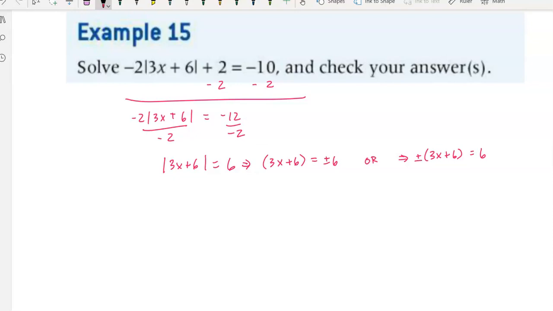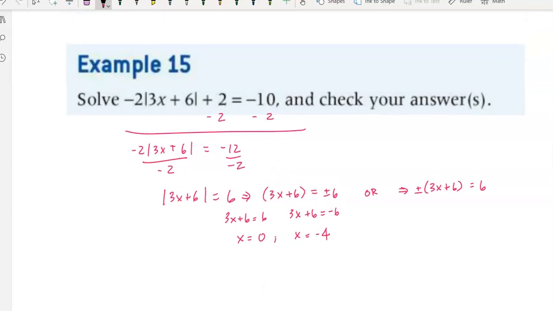You're going to get the same two answers. So when I split this up and solve, I get 3x plus 6 equals 6, and 3x plus 6 equals negative 6, and x equals 0, and x equals negative 4. Okay. And then we check to make sure we put it back in.